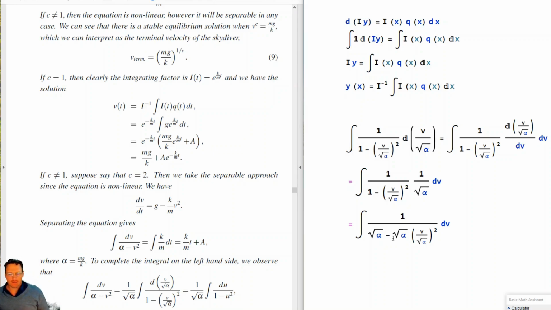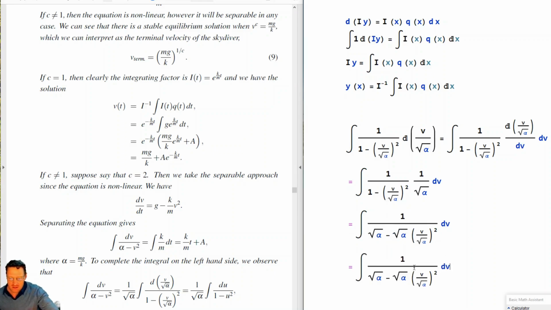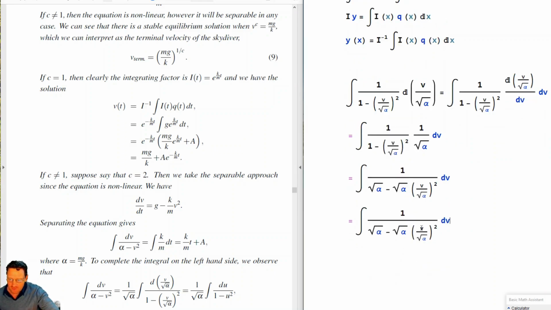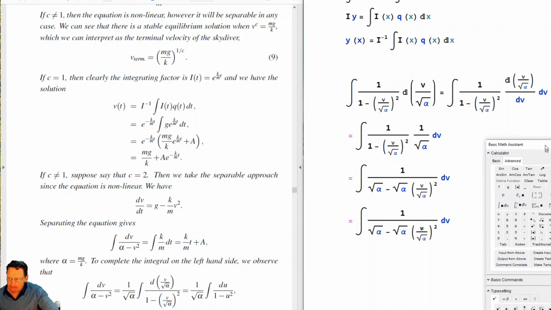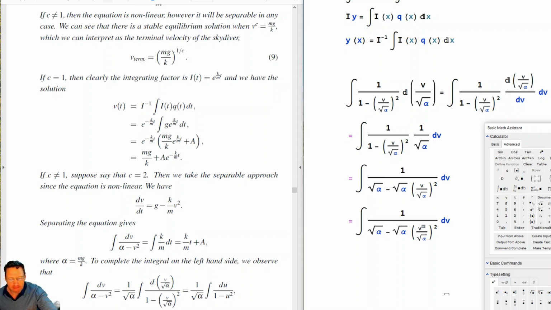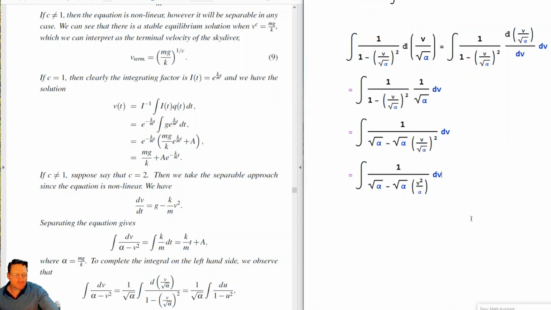Now let's square this term. So when we square v over root alpha, we have v squared and then we have root alpha squared, which is just alpha. Okay, so we have this so far.